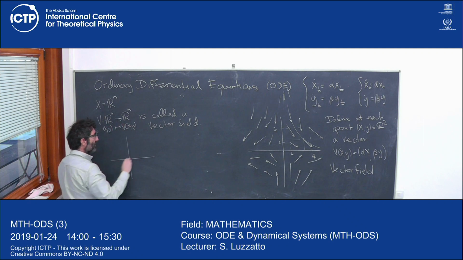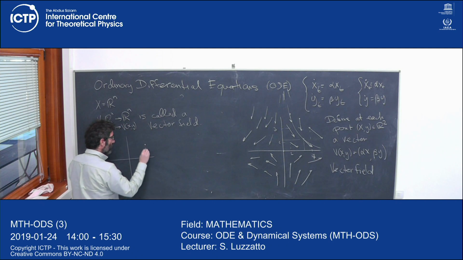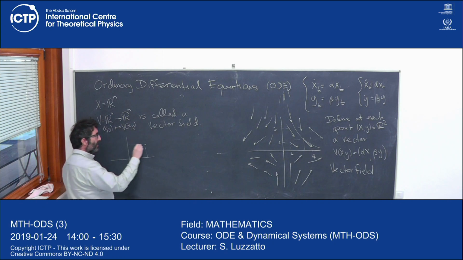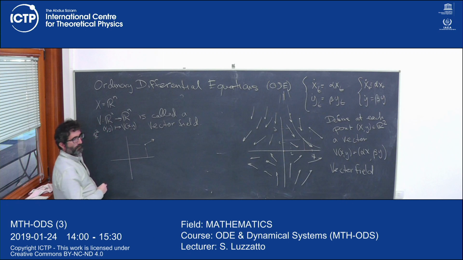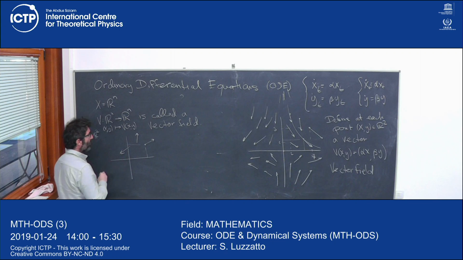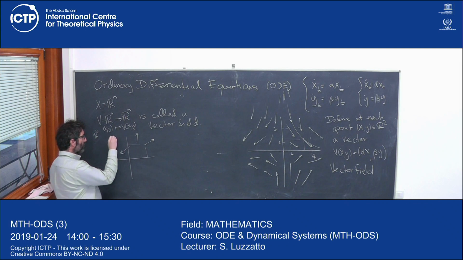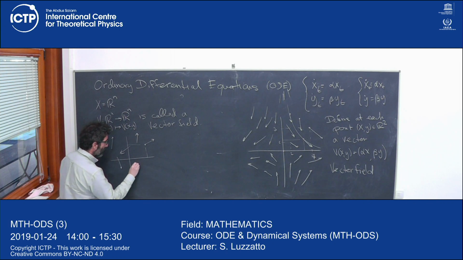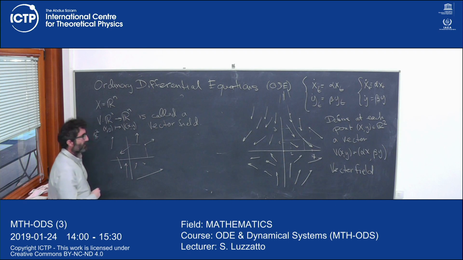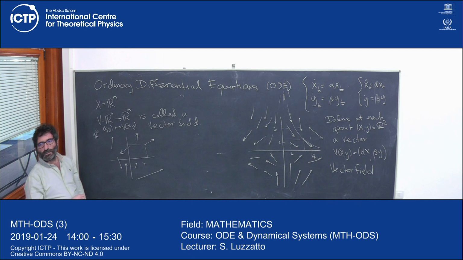So at this point we put this vector, at another point we put another vector. At every point of R2 there's a vector, which may be small or very big, whatever. So even though we write it as Rn to Rn, this is not a discrete dynamical system. It's called a vector field.